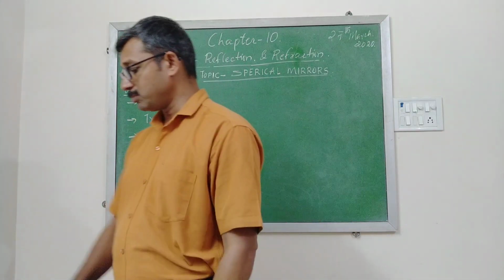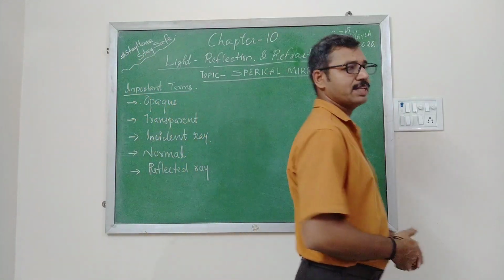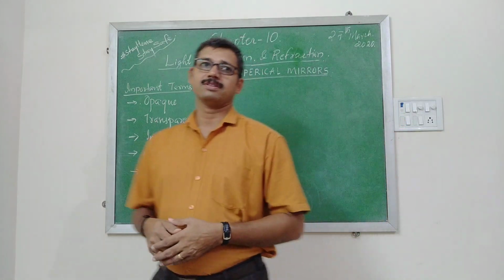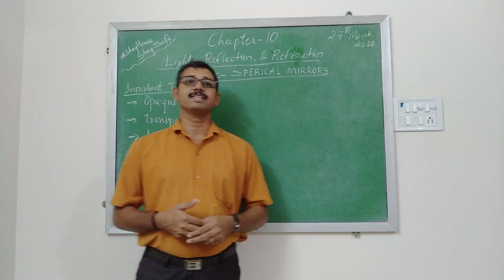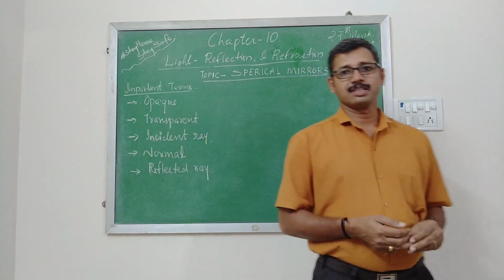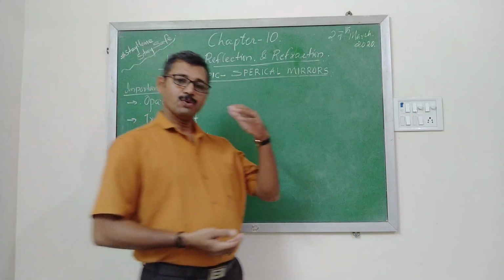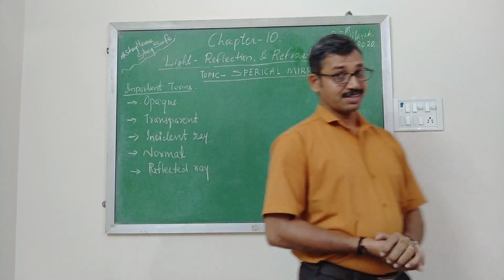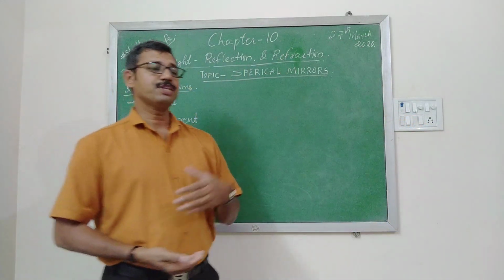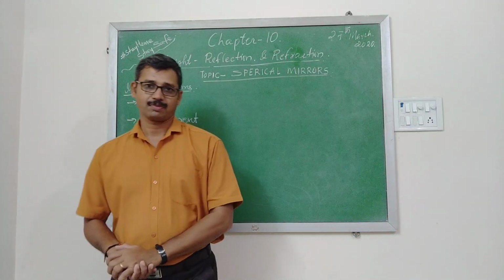Now, while telling about light, the process of reflection, you may know that because of reflection we can see the objects. When the light from a source falls on a surface, especially an opaque surface, most of the light from that surface reflects.